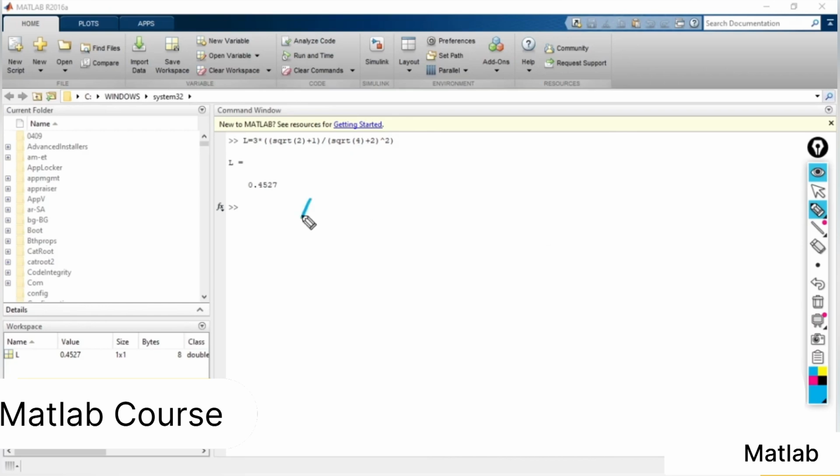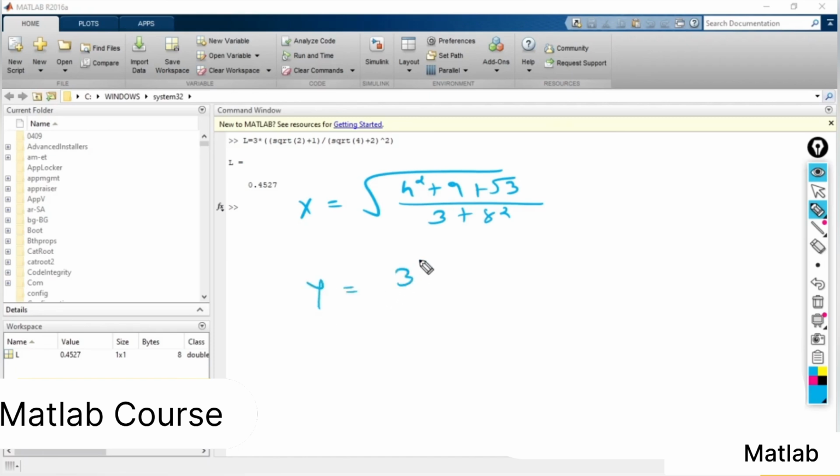So the first equation is x is equal to under root 4 square plus 9 plus under root 3 divided by 3 plus 8 square. y is equal to 3 square plus 4 plus under root 15 divided by 9 square plus 3 by under root 2.